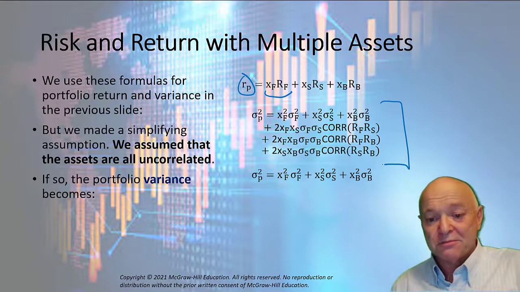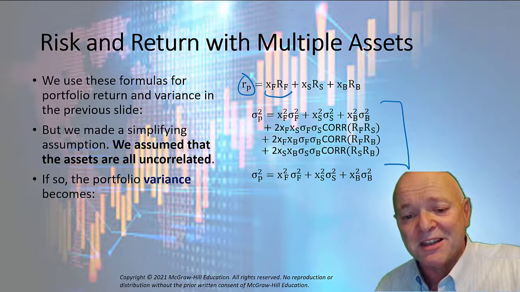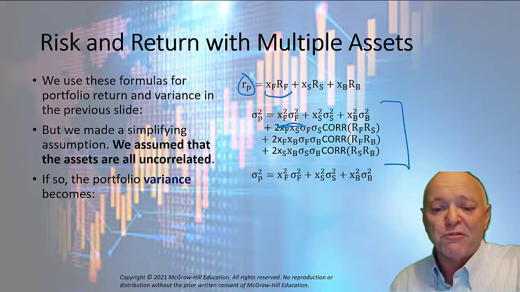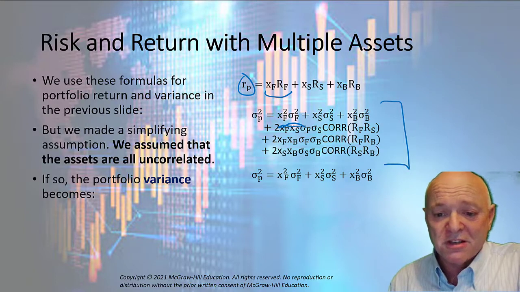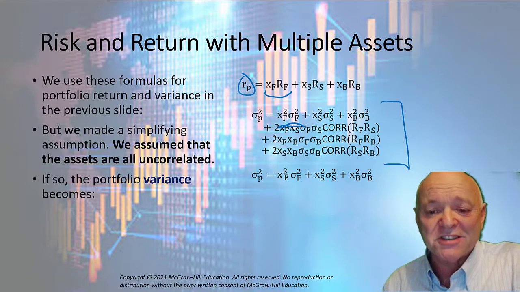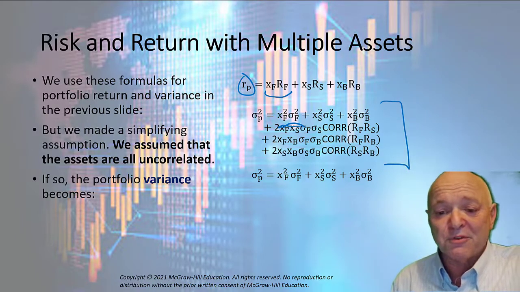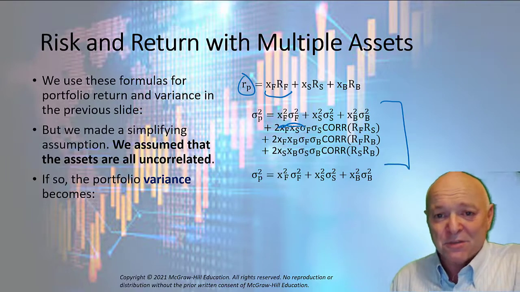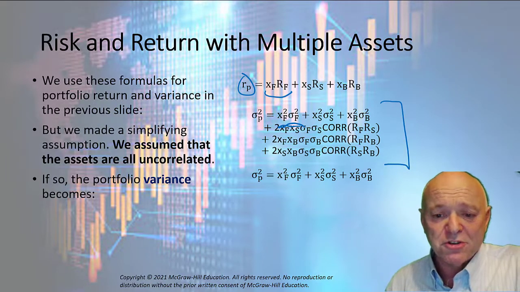So we have essentially the first 3 items: the weight of foreign stocks times the variance of the foreign stocks, plus the weight of domestic stocks, S, times the variance of those domestic stocks, and then the same thing for bonds in the third term.